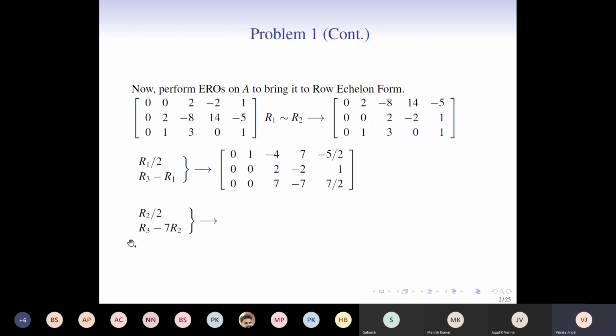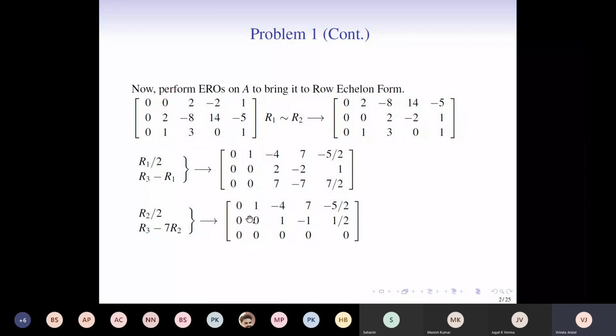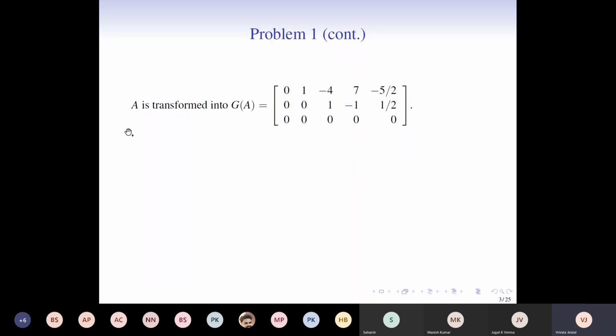So that is done by subtracting 7 times row 2 from row 3. Once we do these operations, we realize that the entire third row has been converted to zeros, and we get these 2 pivots here. So basically this is the row echelon form of A, one of the row echelon forms of A. Now this matrix is being represented by G of A.